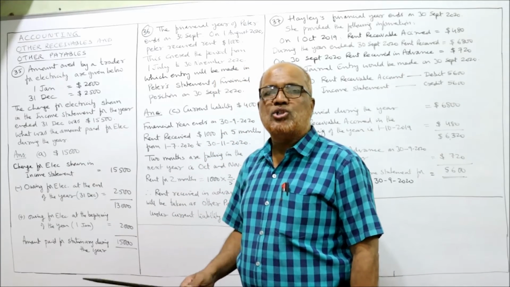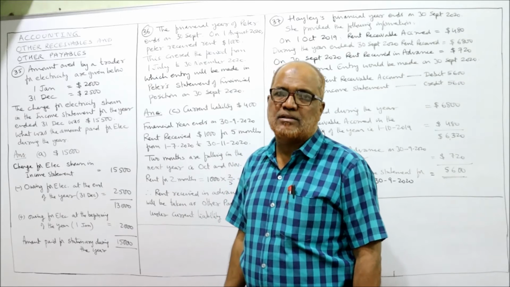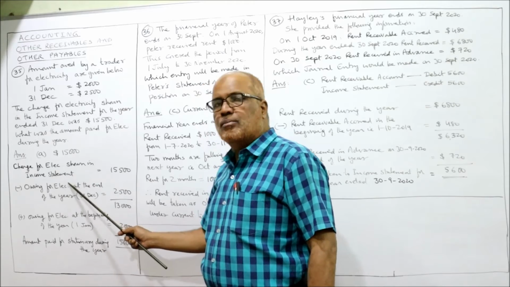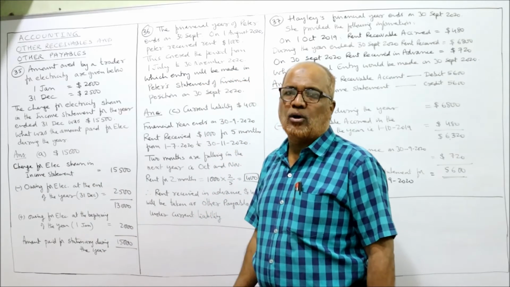How much is the amount charged to the income statement for electricity? The charge for electricity shown in the income statement is $15,500.